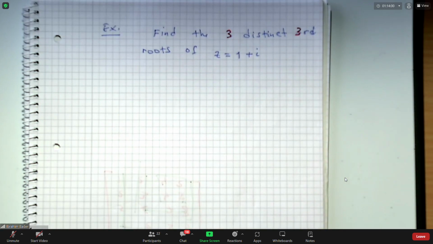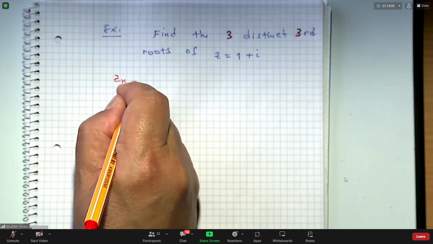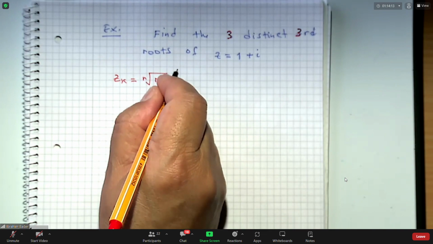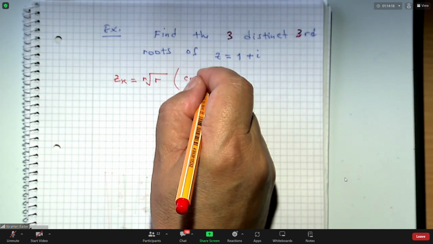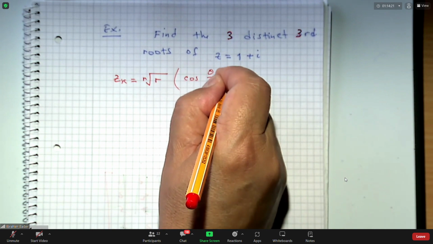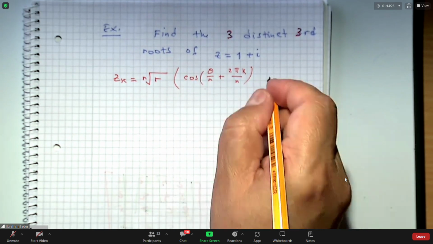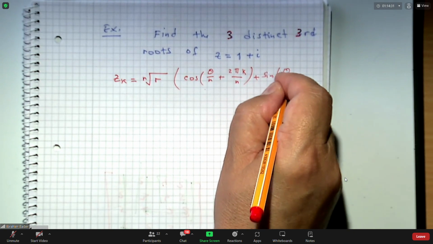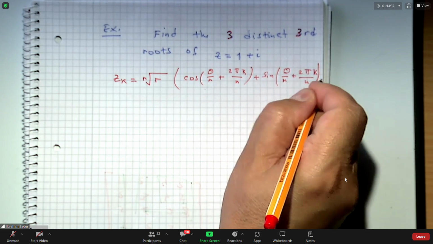Okay, now what is n here? Let me just remind you about the formula. Z sub k equals the nth root of r times cosine of theta over n plus 2 pi k over n, plus i times sine of the same amount, theta over n plus 2 pi k over n. Okay, so this is the formula.